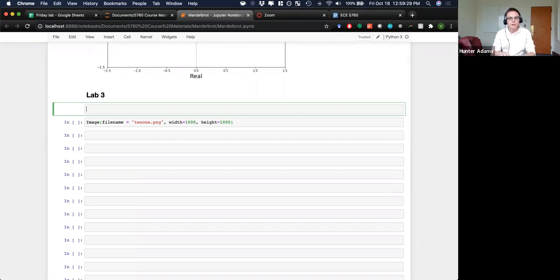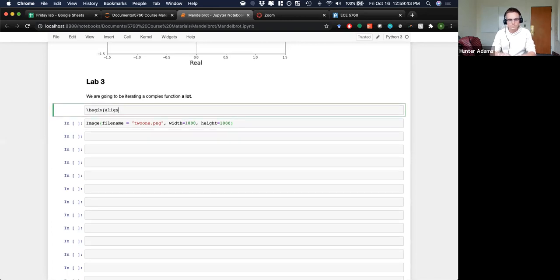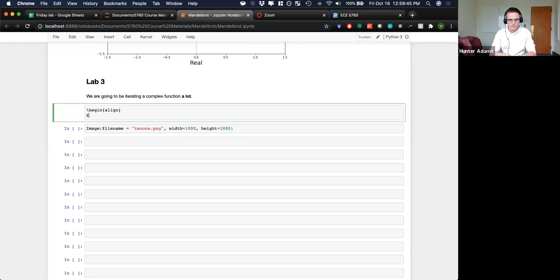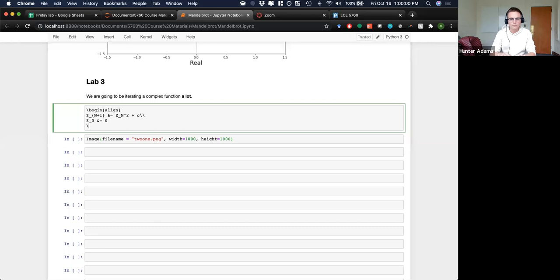So for Lab 3, we're going to be iterating a complex function a lot. And the complex function that we're going to be iterating is this one. Z at n plus 1 is equal to z at n squared plus c, where z at 0 is equal to 0.